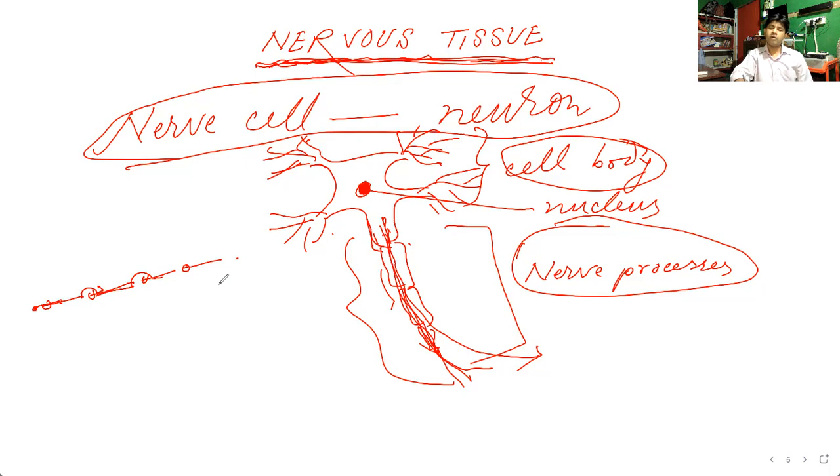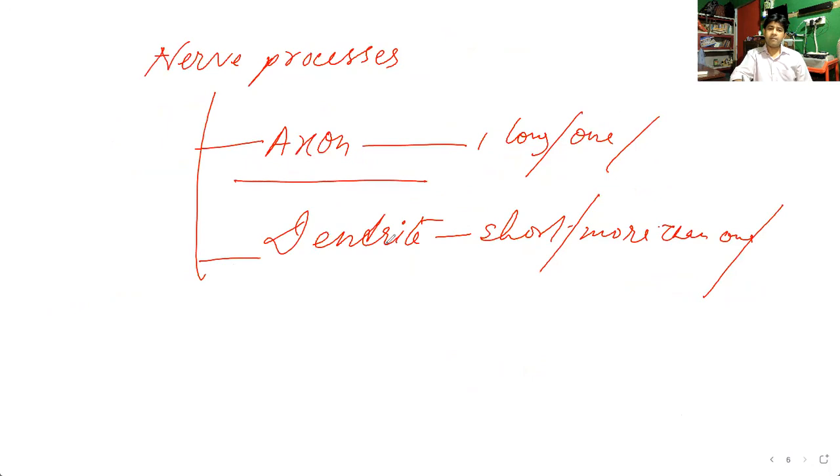So the nerve impulse is brought inside the cell through the dendrite, and taken out of the cell through the axon, the tail-like structure I already told. So dendrite brings the impulses inside the cell and axon takes them out of the cell. Those differences you can write about axon and dendrite.